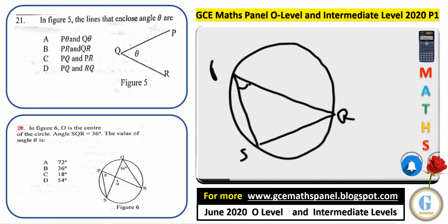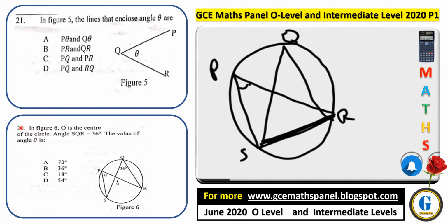This same arc equally subtends an angle here at Q. Since this is the same arc that subtends the angles, the angle at Q and the angle at P are the same. So if this angle is 36, this one is also 36. So angle theta is 36 degrees. B.